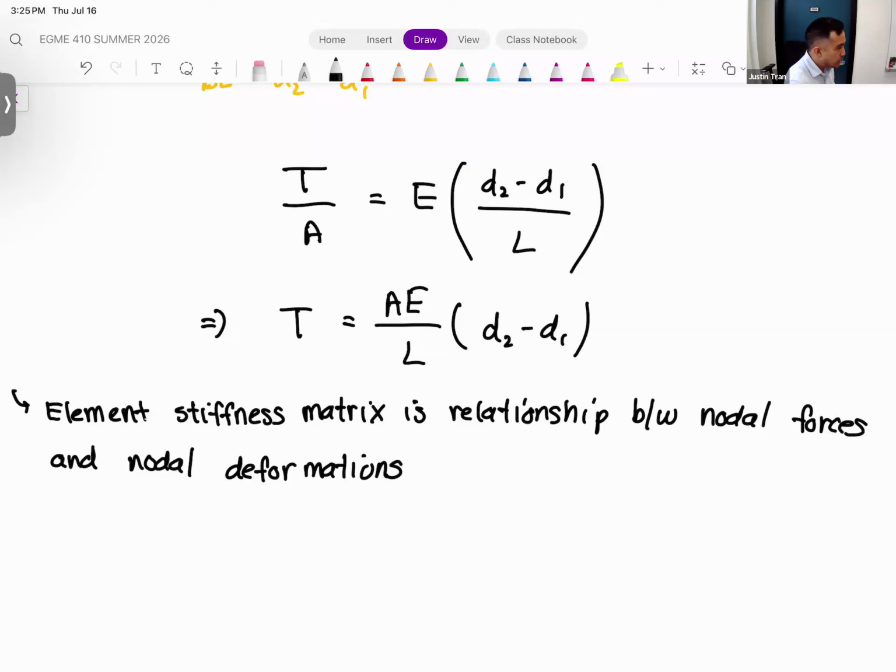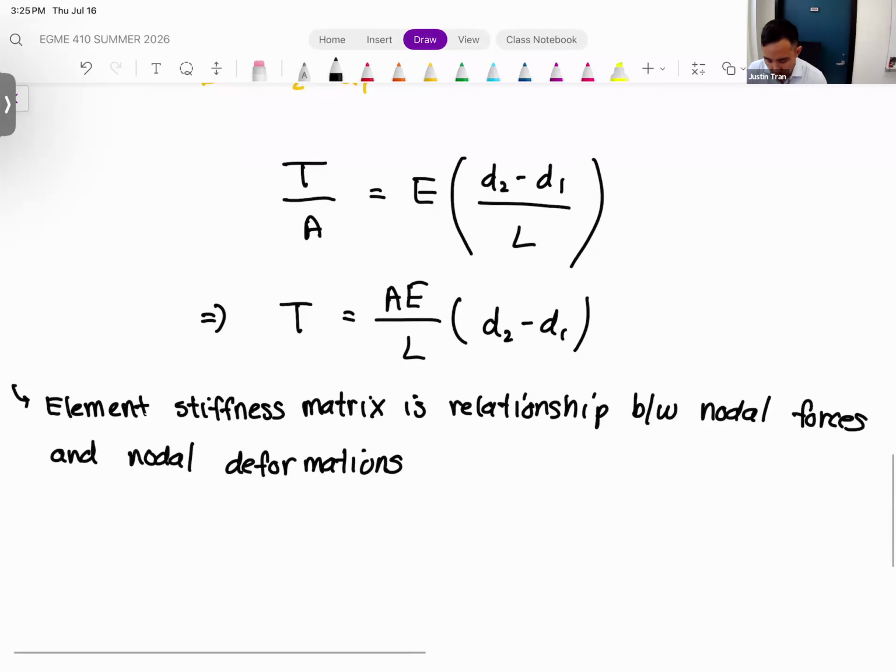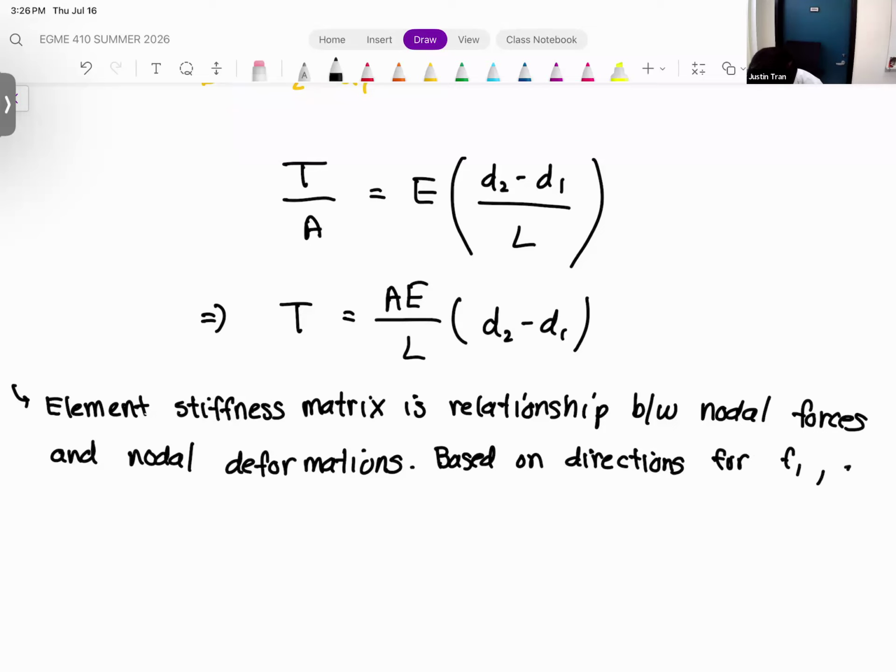And it expresses that relationship in matrix form. So just like we did with the spring, we have this relationship for T. Let's relate T to our nodal forces F1, F2, because this tensile force T is essentially a force that we're applying on both the nodes. And so we can say that F1 is equal to minus T and F2 is equal to positive T, based on the directions.